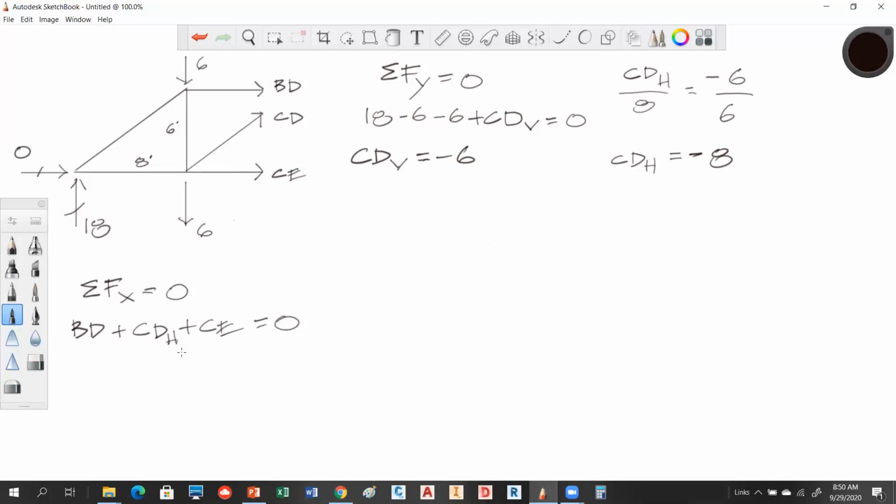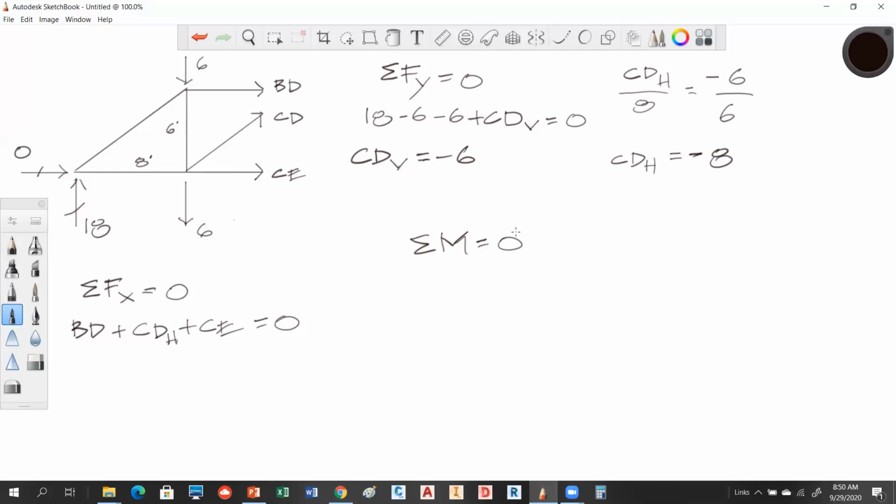Does everybody see what we've got? We have one member right now, and we know that it's in compression. But we have to solve the rest of these. So I'm going to take sum of moments, and I know that the sum of moments about any point has to be equal to 0.